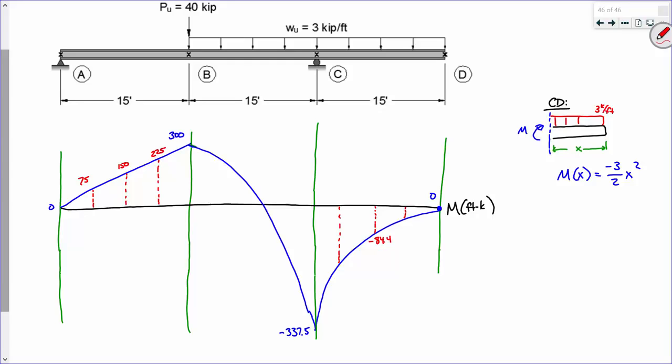Now what about for the other two? Negative 21.1 is right here. And what about this one? Anybody?